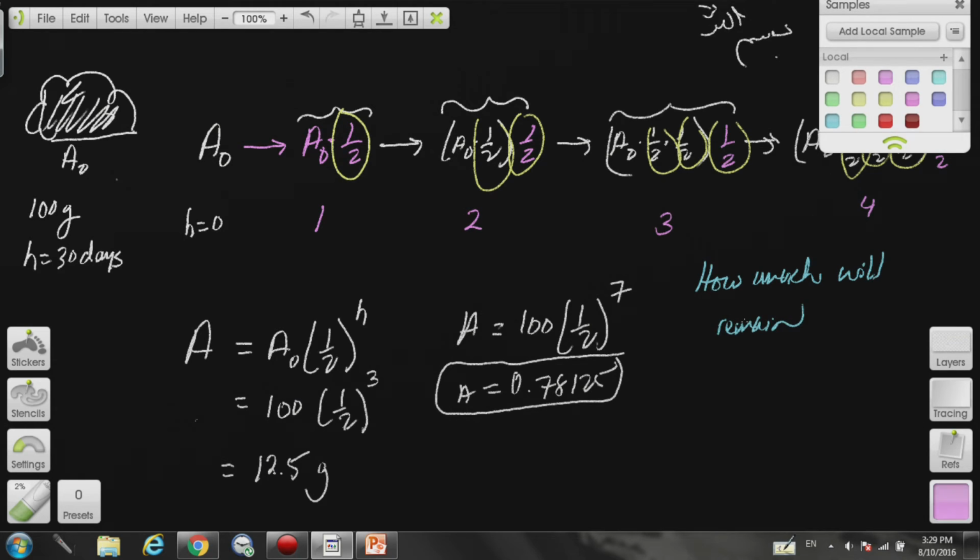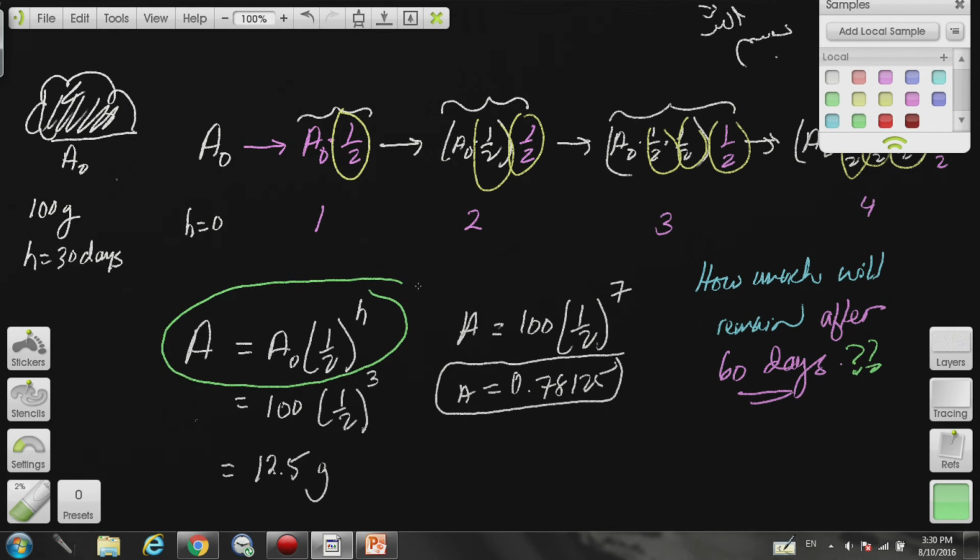Not after a half-life, but after 60 days. How much will remain after 60 days? If you look at this formula, there's nothing you can plug in over here, right? You can plug in only half-lives over here.